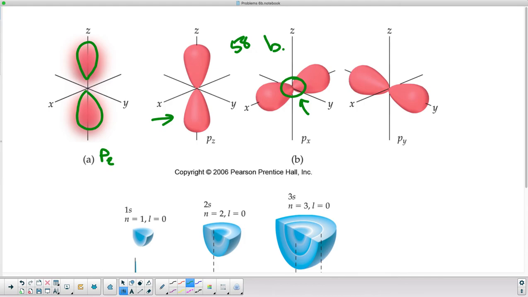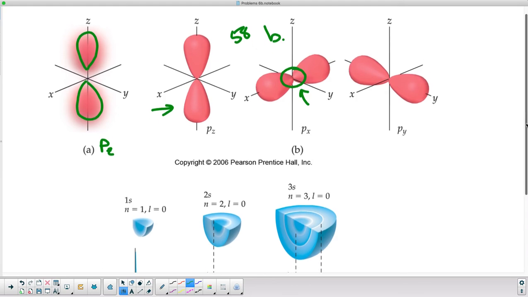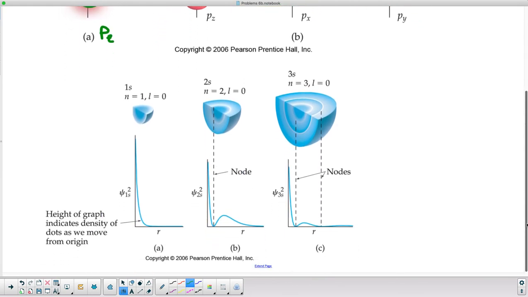58c says what information is obtained from the radial probability functions in figure 6.18. So figure 6.18 is still this one. This right here indicates our highest probability of the electron would be somewhere close. The radial just means radius of the atom. The wave function squared is obviously a very complicated physics term that we're just going to consider to be where we would expect the electron to be.